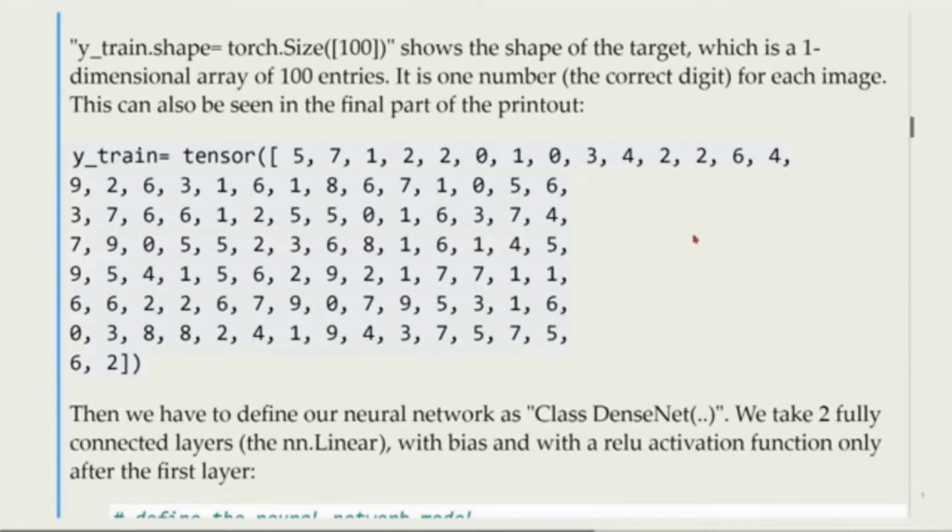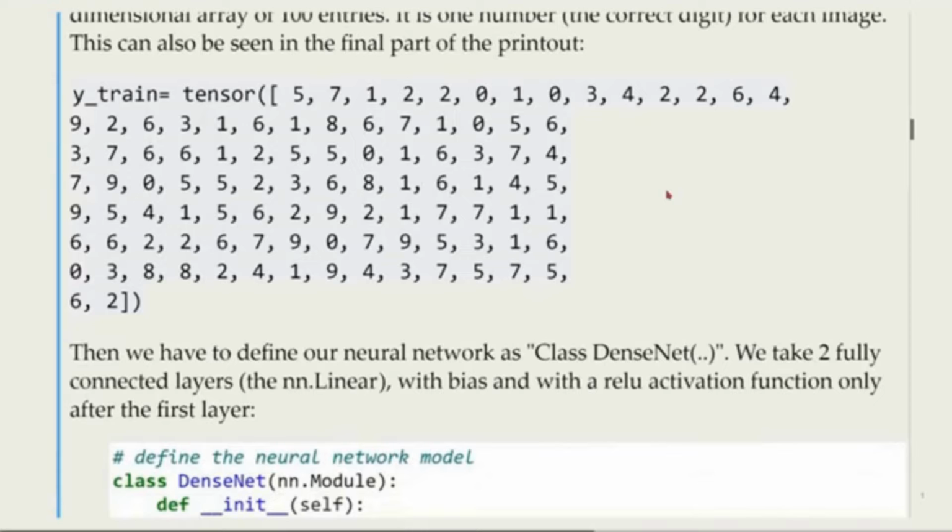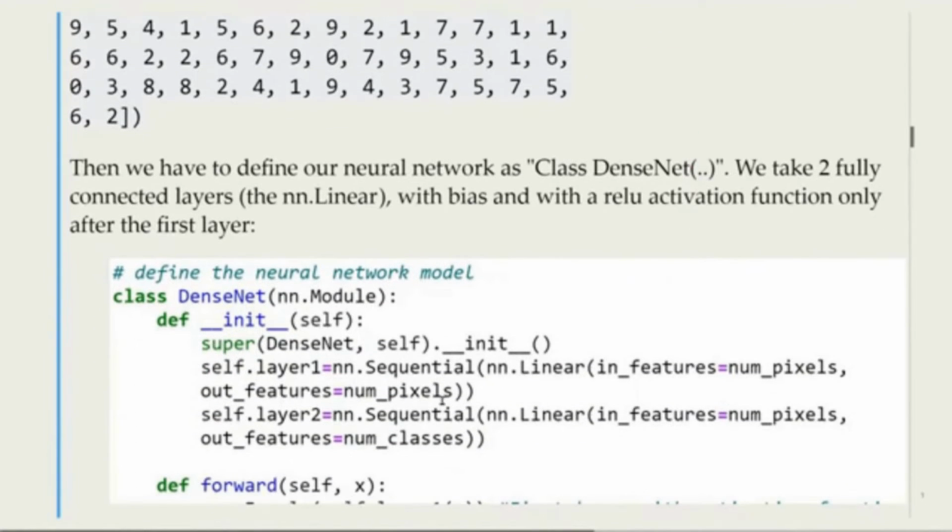Next, we have to define our neural network as a class, and we will take two fully connected layers with bias, and we use the ReLU activation function only after the first layer. This is what we are doing here.